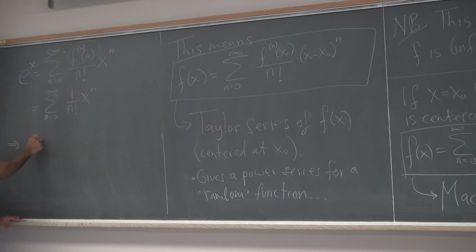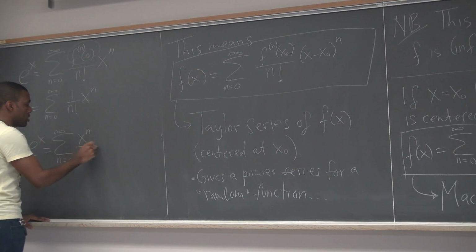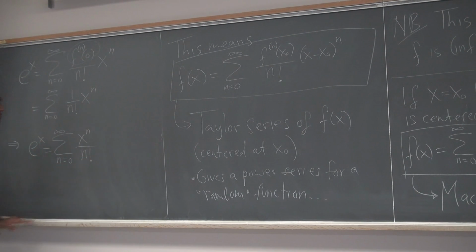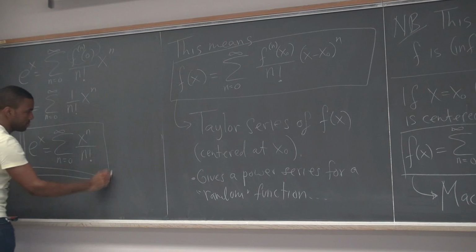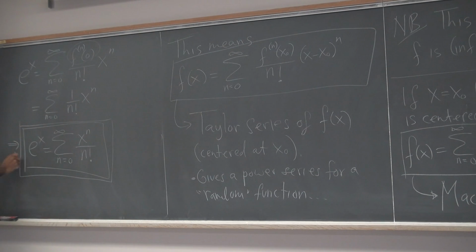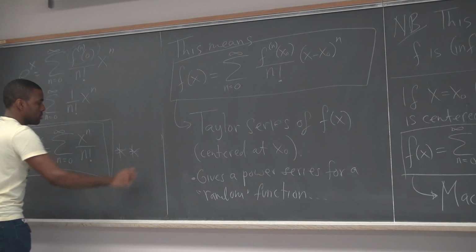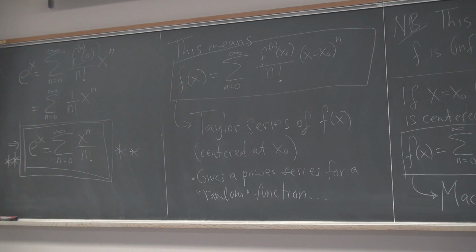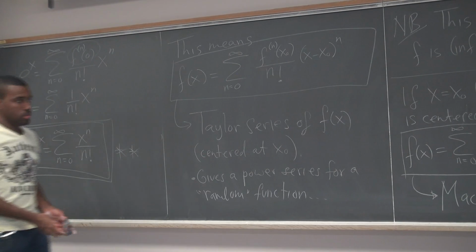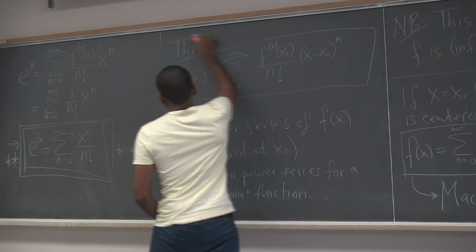This means that my e to the x has this power series: n goes from 0 to infinity, x to the n over n factorial. This is the power series for the exponential function. It is something you should have memorized. This is the Maclaurin series. If I'm centered at 0, that's what my power series for the exponential looks like.